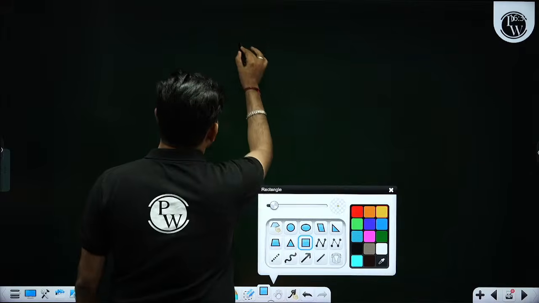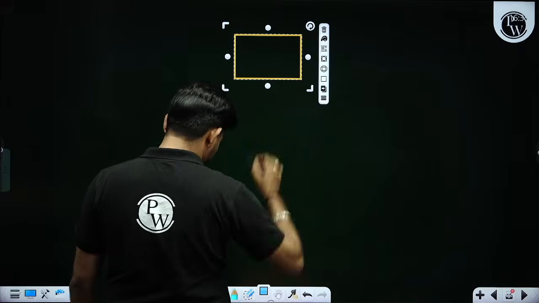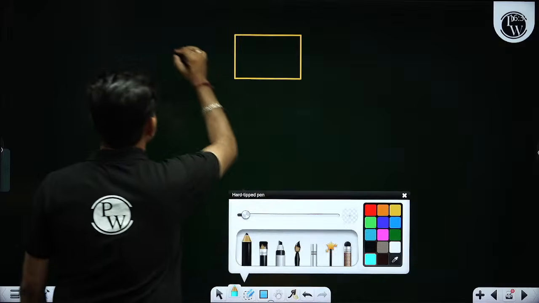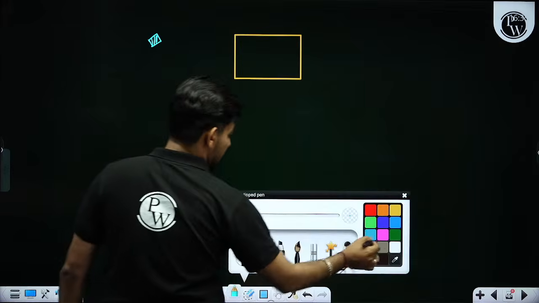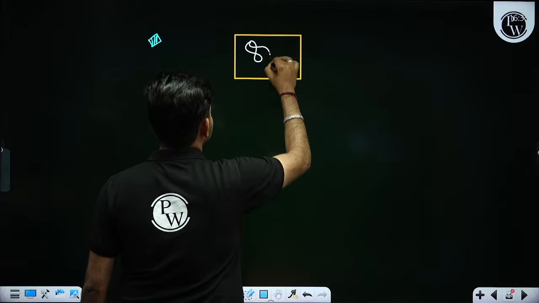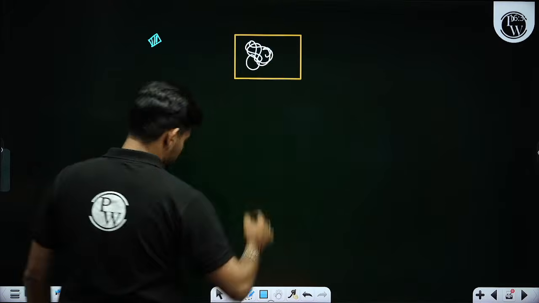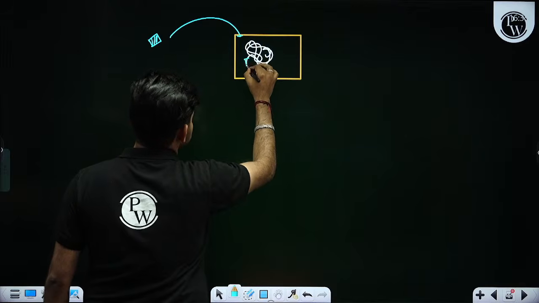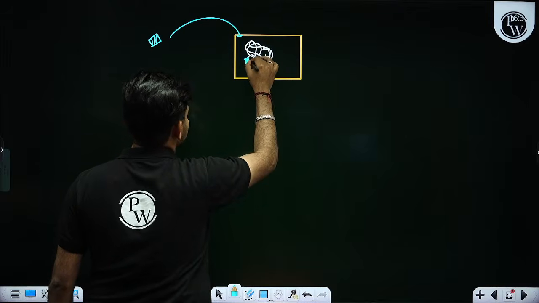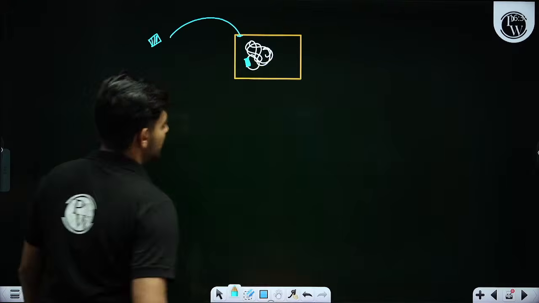Now this is the host cell, and this is the gene of interest, and this is the genome of the host. So you have to incorporate the gene of interest inside the genome, right?